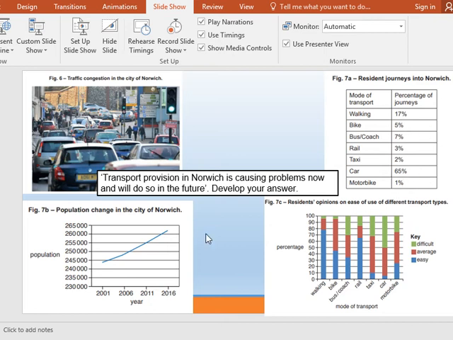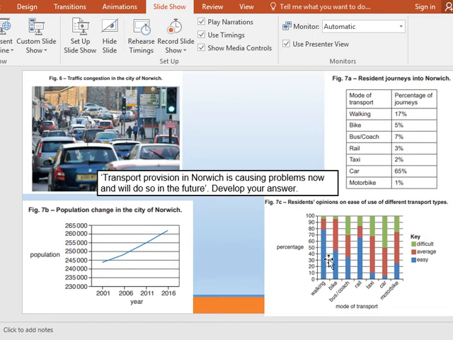So 32% is quite large, and that could increase over time with the increasing population, moving from just under 245,000 to over 260,000. Residents' opinions also suggest that, as they were surveyed on how easy to use these modes of transport are.